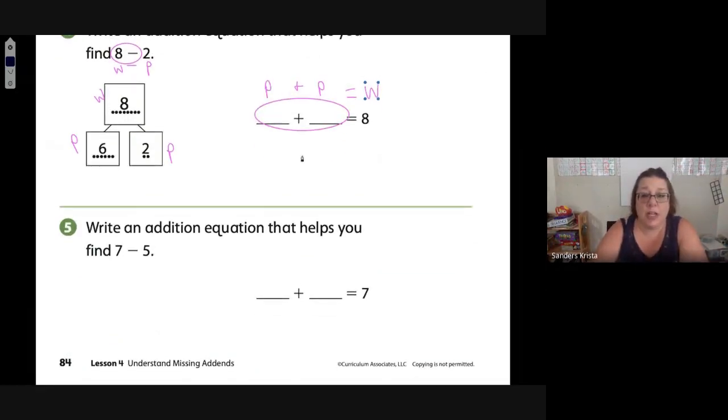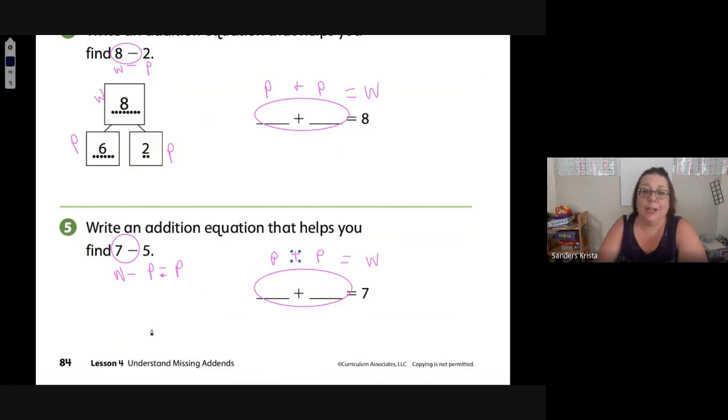Write an equation that helps you find 7 take away 5. Whole minus a part equals that part. Over here, that's a plus symbol. That tells me that this has to be a part, this has to be a part, and this has to be the total.